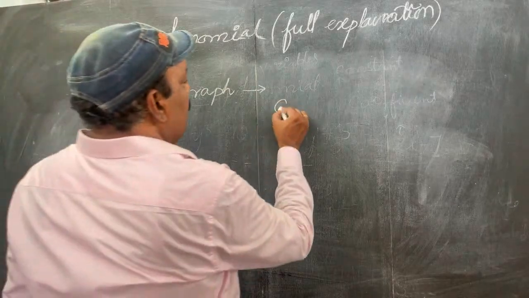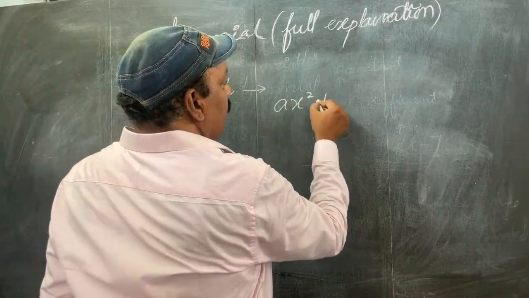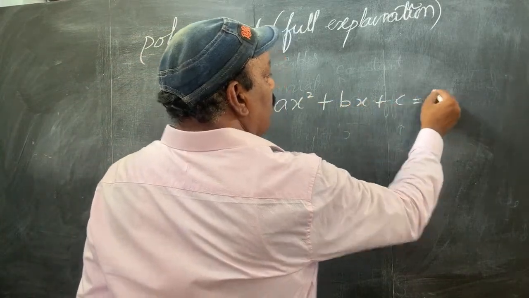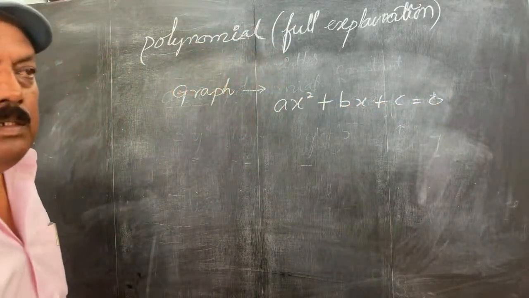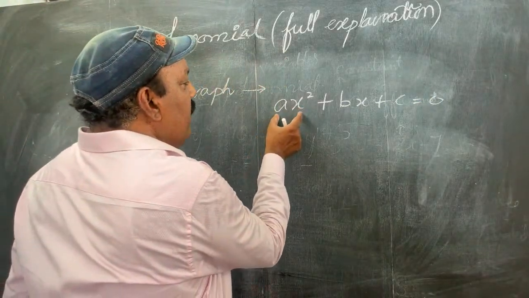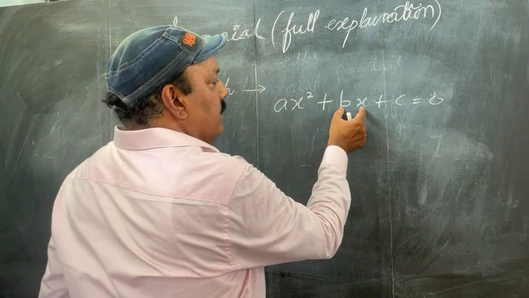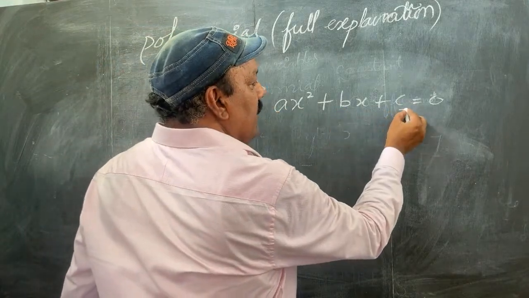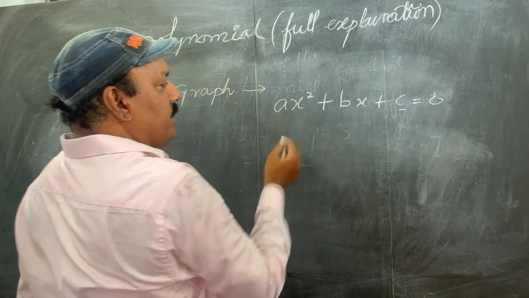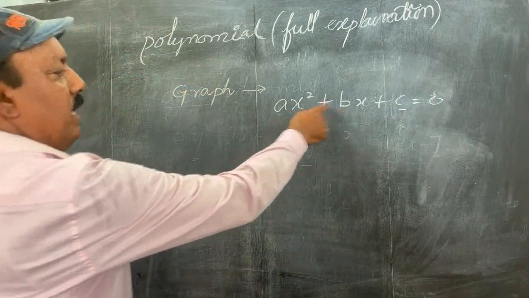The polynomial equation ax square plus bx plus c equals 0 is the general form of a quadratic polynomial equation. Here c is a constant, a and b are coefficients, and x square and x are variables.